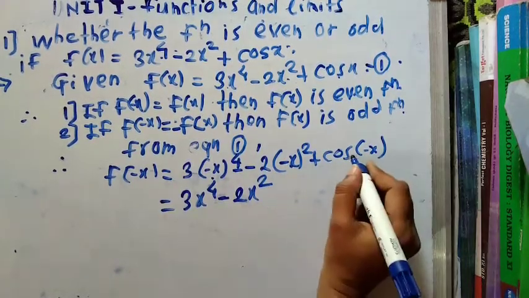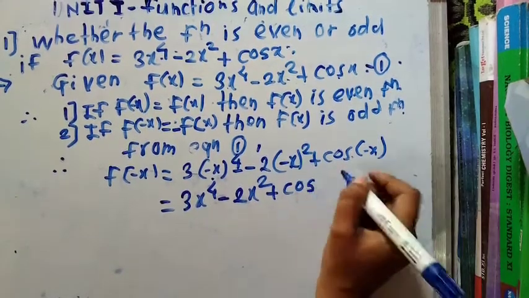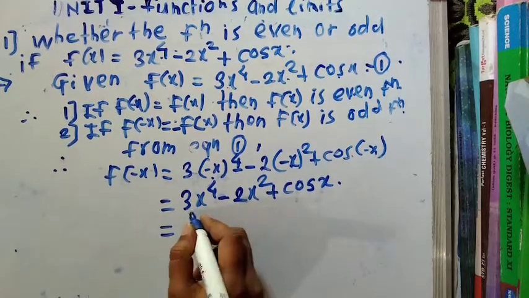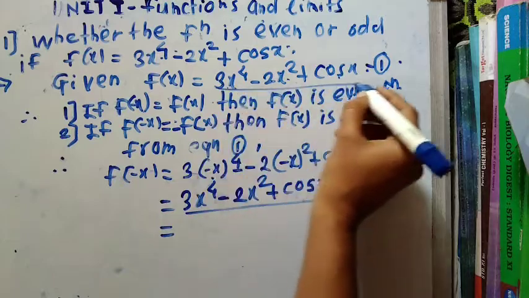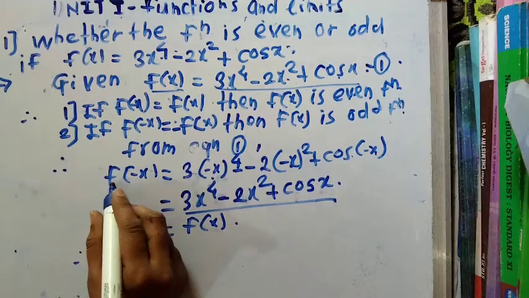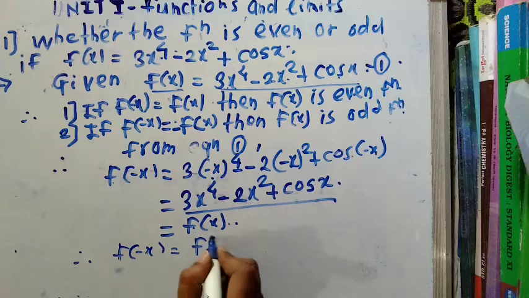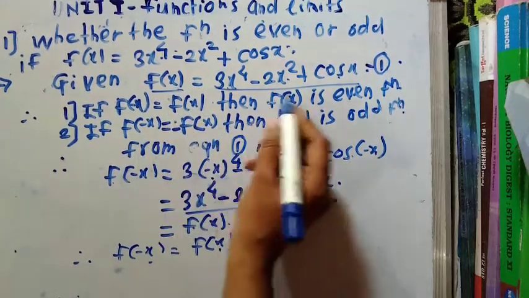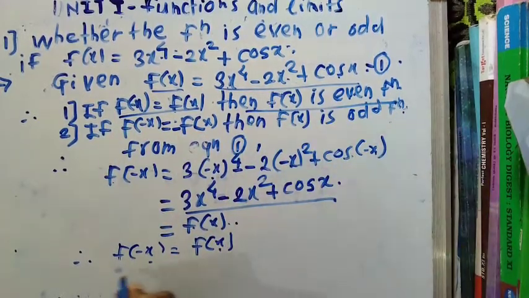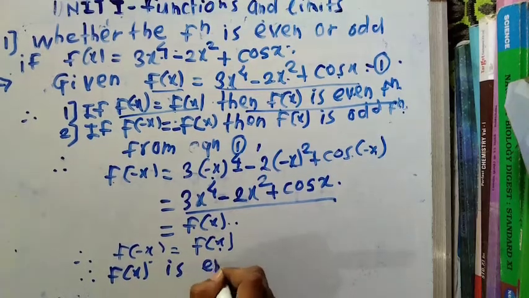And cos of minus theta is cos theta, so cos x. But this is equal to f of x. So f of minus x is equal to f of x. This condition is satisfied, so f of x is an even function.